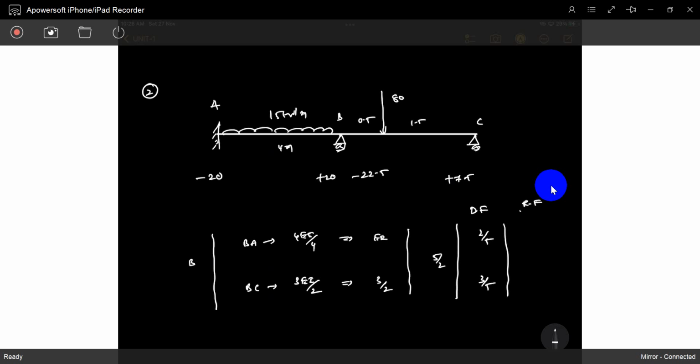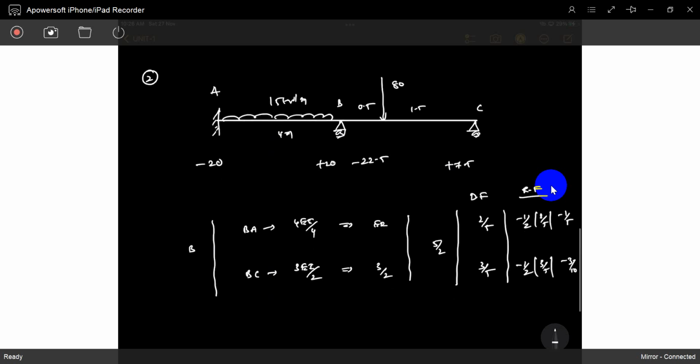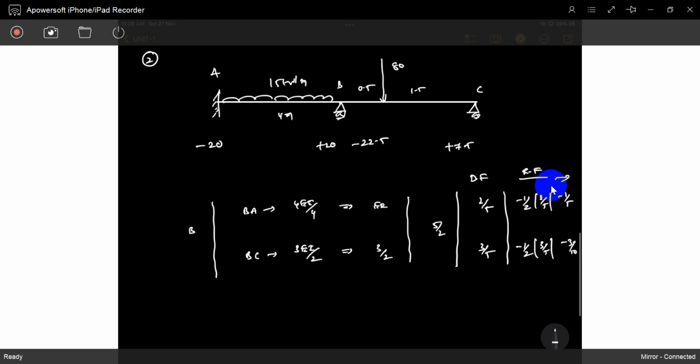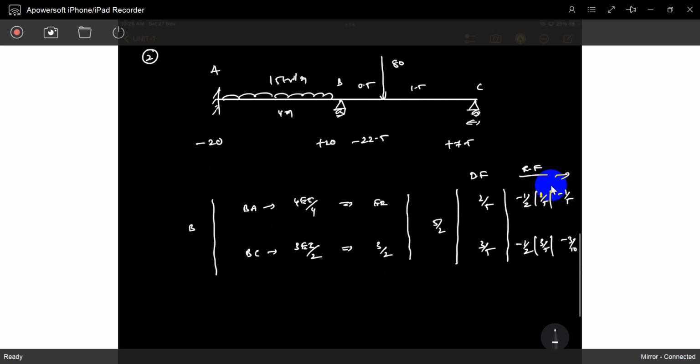Rotation factors. Half multiplied with 2 by 5, it's minus 1 by 5. Half of 3 by 5, you will get minus 3 by 10. Those are the rotation factors. And C also. Are understood? Sir, C is not a joint, it's the end. So you have to take care of only C. If you take C, it has only one end, so the total stiffness goes to that end.